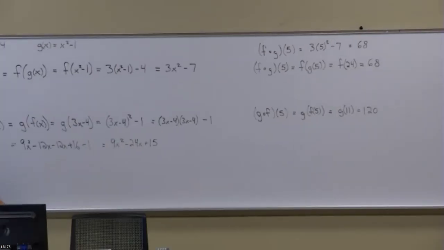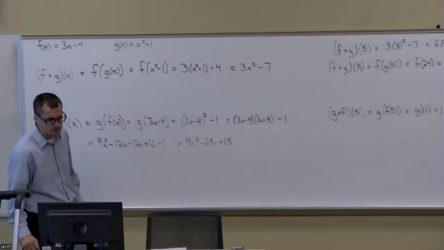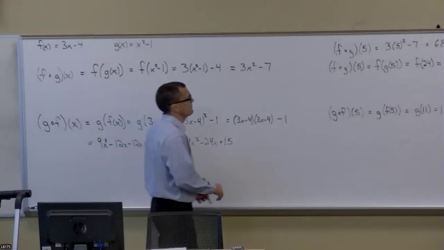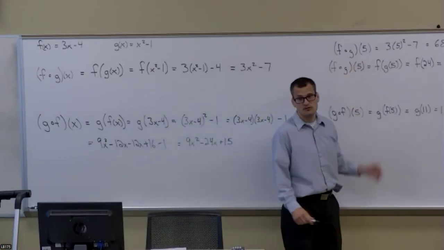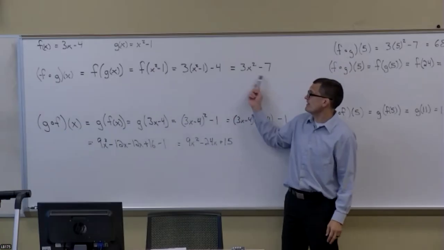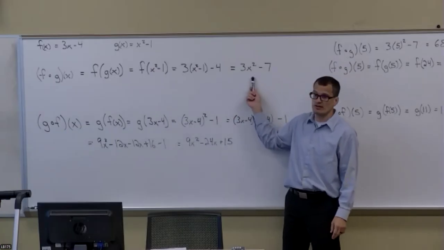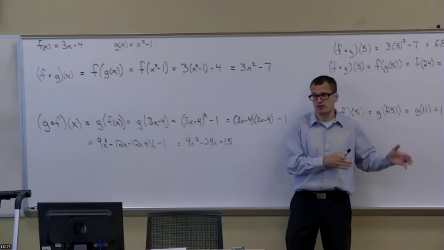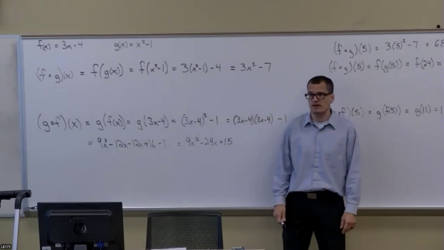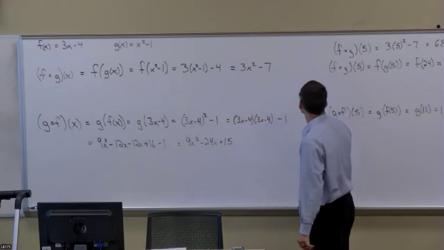Good. So 2 options there for finding compositions with numerical values. You can find the composition with a variable x here, if you'd like. Or you can just trace the input-output process a couple of times. Okay.